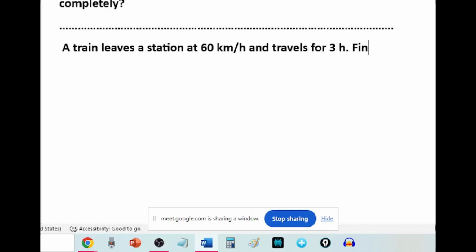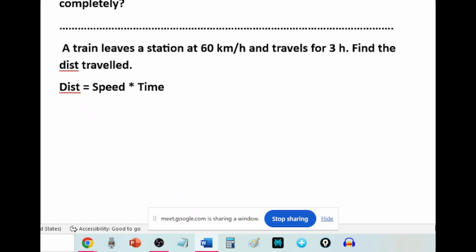Find the distance traveled. So what formula? You have got speed, you have got time. You have to find distance. So distance equal to speed into time.